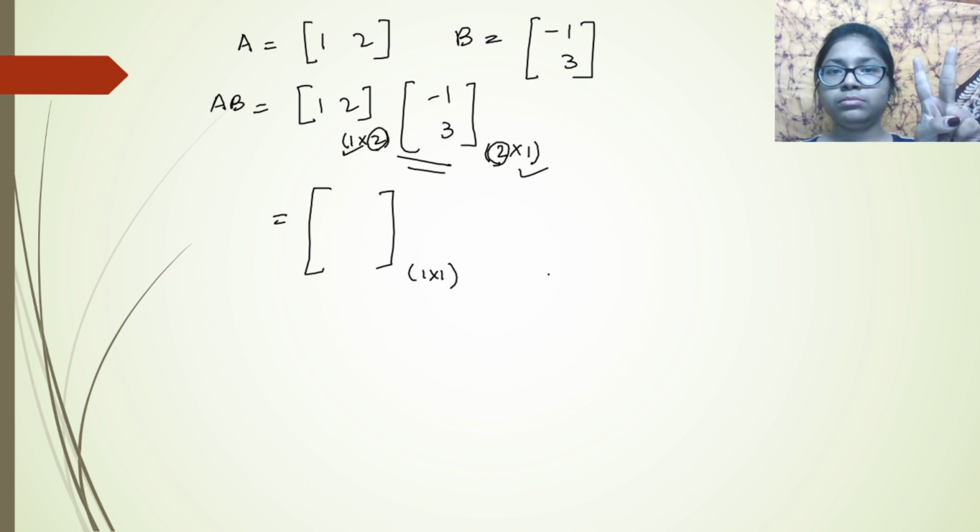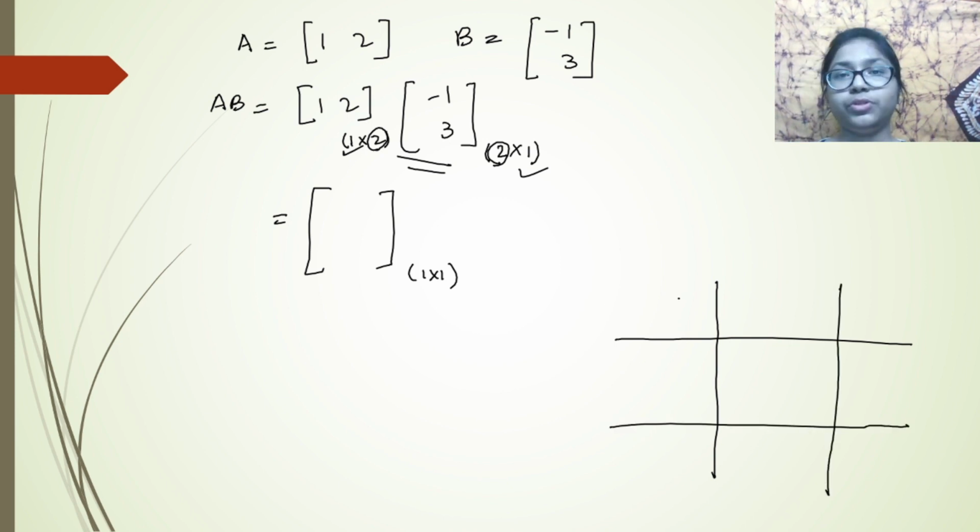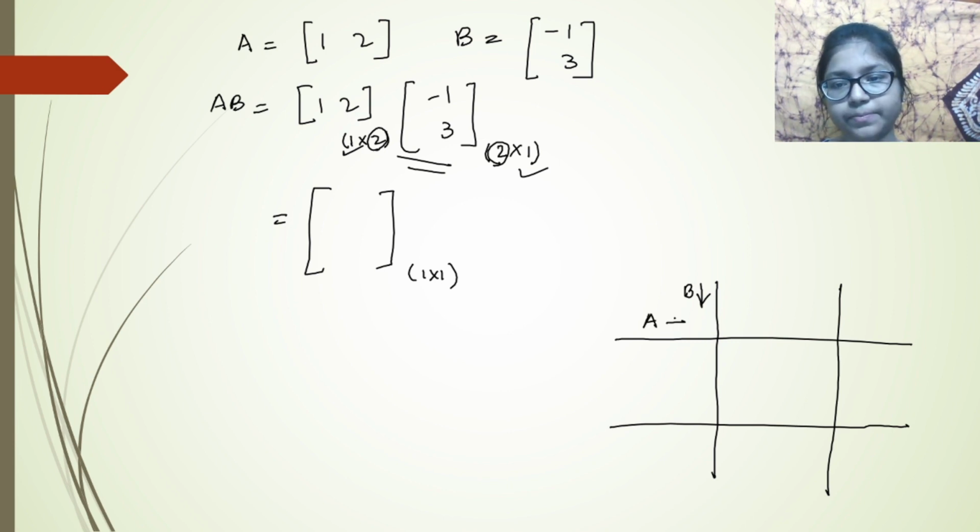Step number 2. Make the table in rough. So it will only have one element. So this will have the column elements of the second matrix, that is B, and this will have the row elements of first matrix, that is A. The column elements of B are -1 and 3, and the row elements of A are 1 and 2.